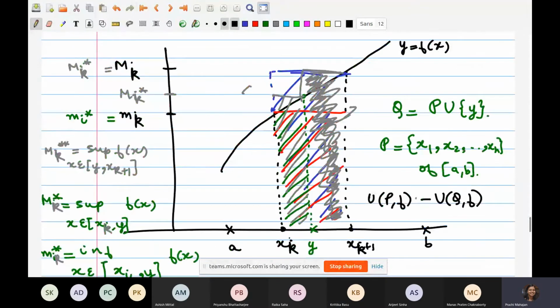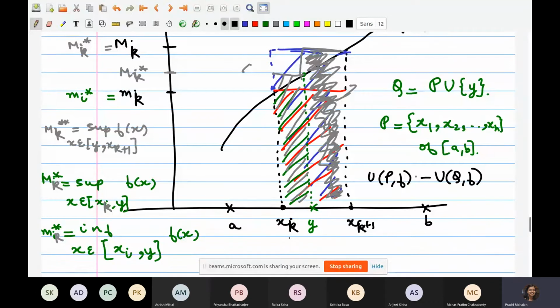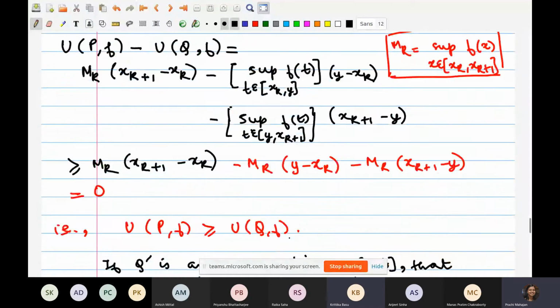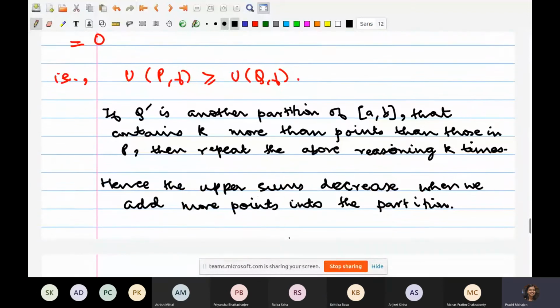We just saw that after adding 1 point, we got this gray box, which gives a better approximation to the area under the graph of f than the blue box. So more points means a finer partition, and that's why it's called a refinement. Okay, ma'am. Is that okay? This is a new language.